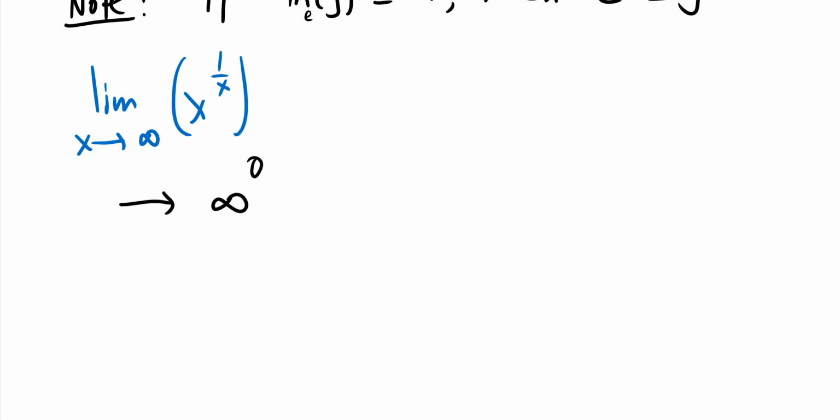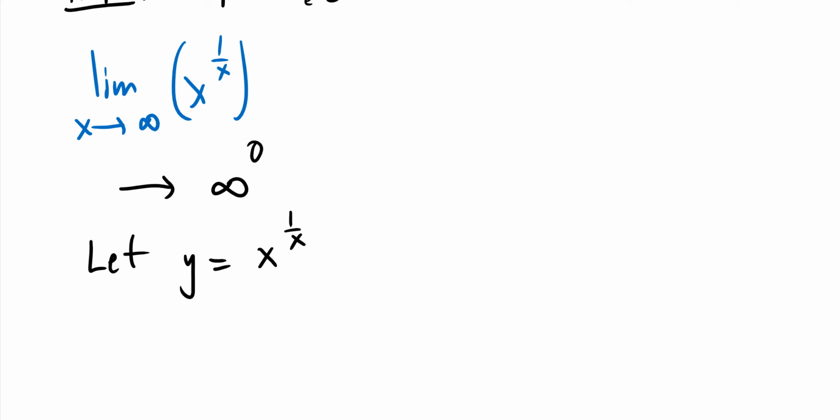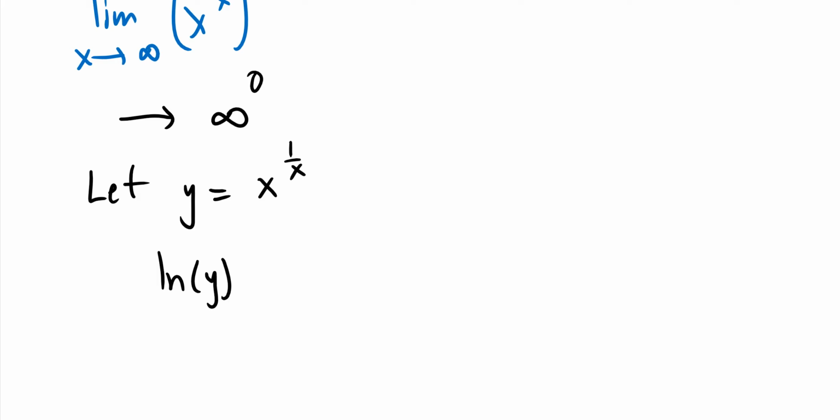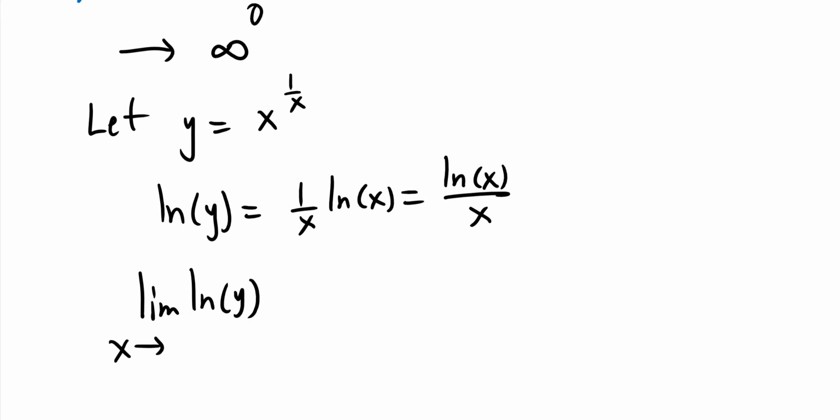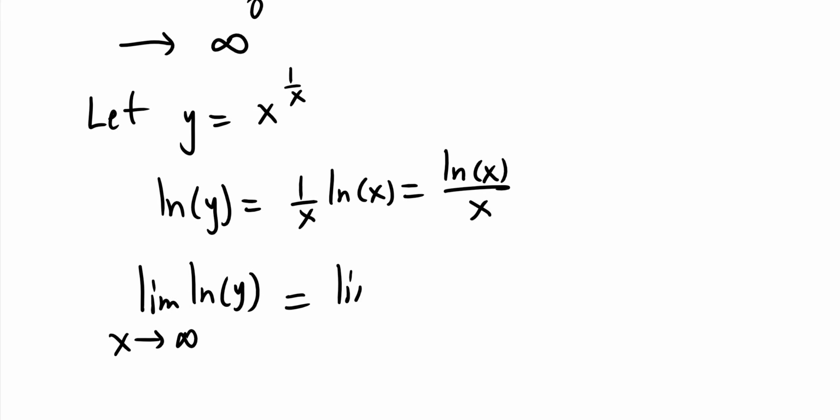So what we do, as I said earlier, is let y equal x to the 1 over x, and then take the natural log of both sides to bring the 1 over x down, which can be rewritten as natural log of x over x. When we pass the limit as x approaches infinity, the left side is the limit of ln of y equals the limit of natural log of x over x as x approaches infinity.